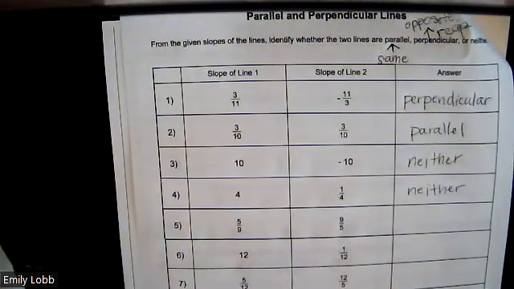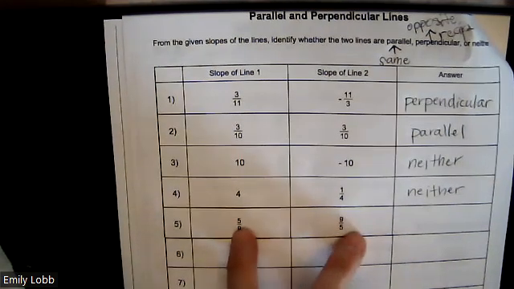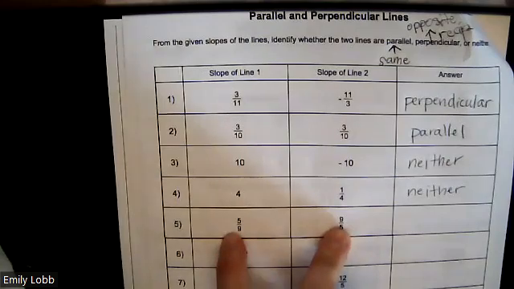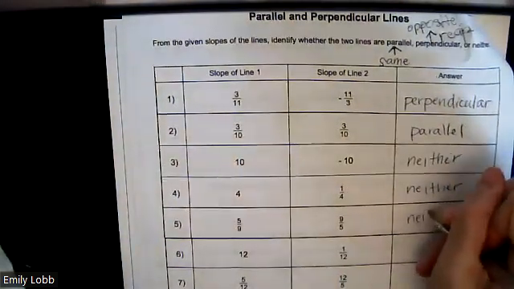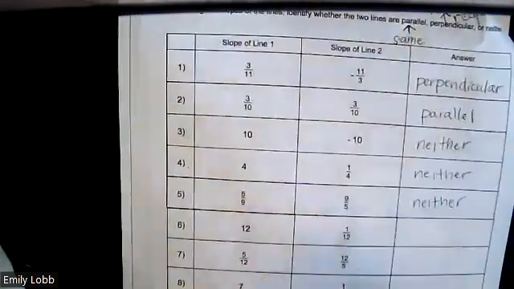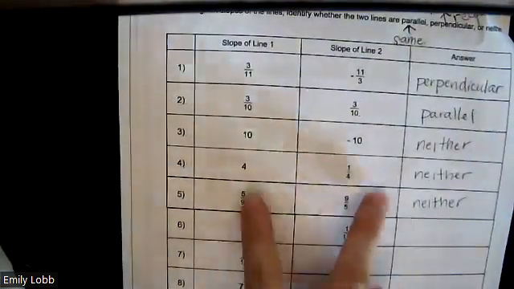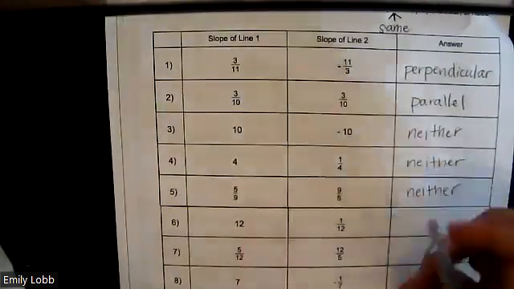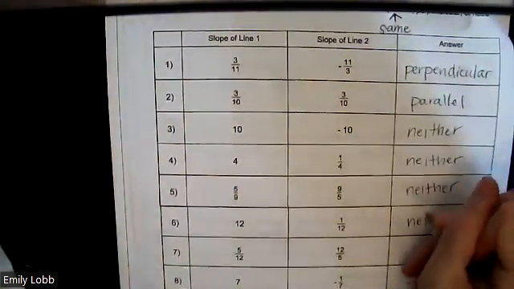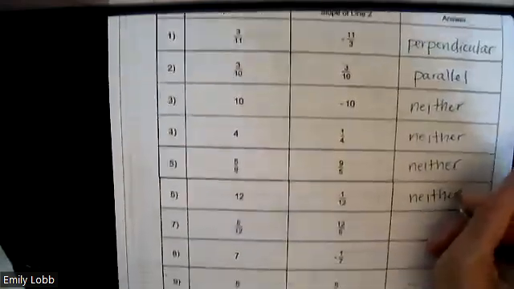They have to be the same in order for it to be parallel. So number 5, again, this looks like number 4, where they're reciprocals, but not the opposite reciprocals. So again, this is neither. Same thing for number 6. It looks just like number 4. They're reciprocals, but not the opposite reciprocals.